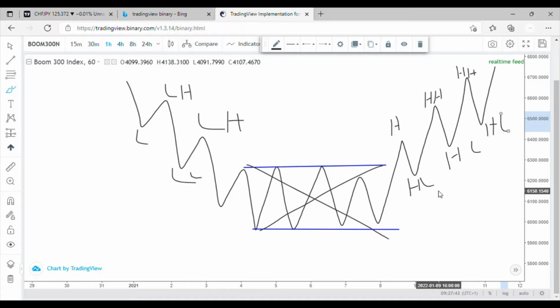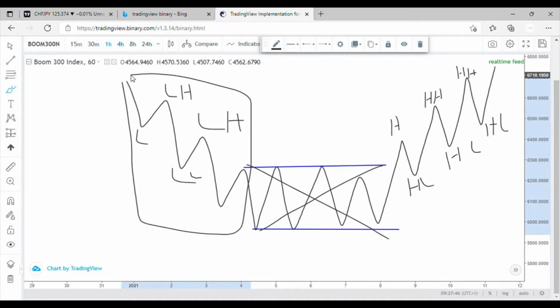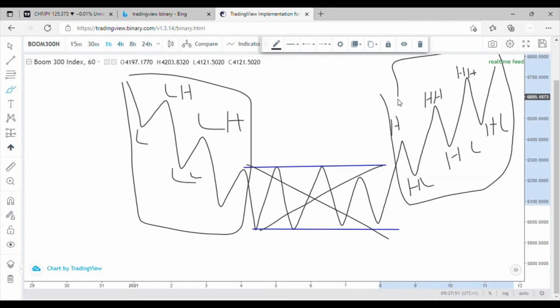You understand? So this one is a trending market. Even this one is a trending market. That's where you can place your Fibonacci, but here you can't place your Fibonacci.